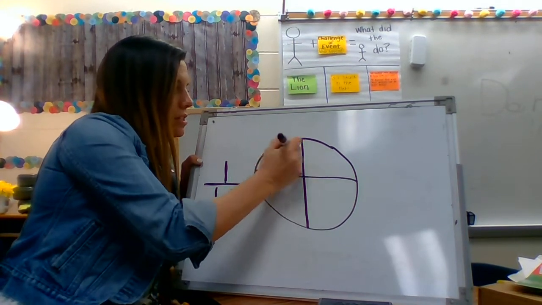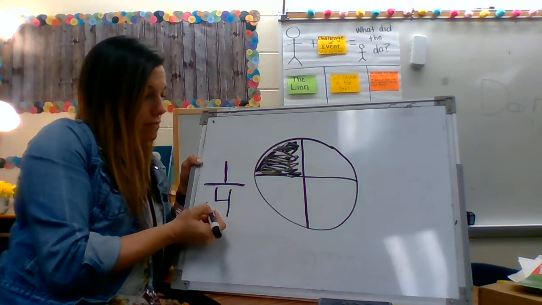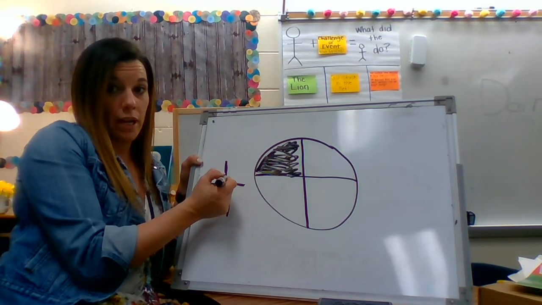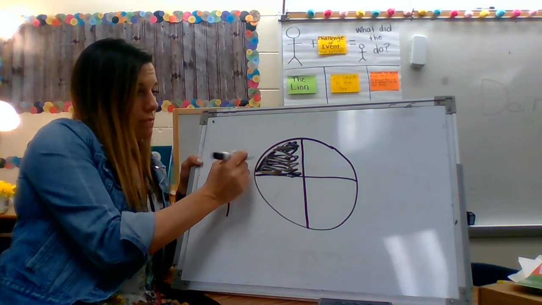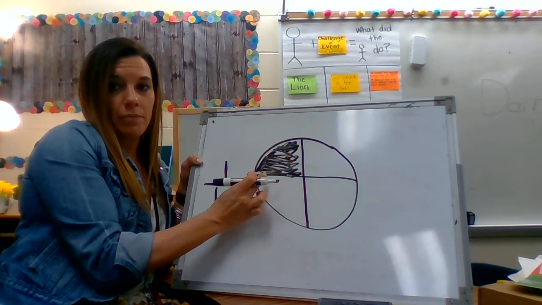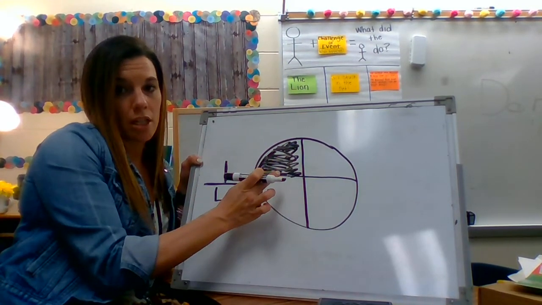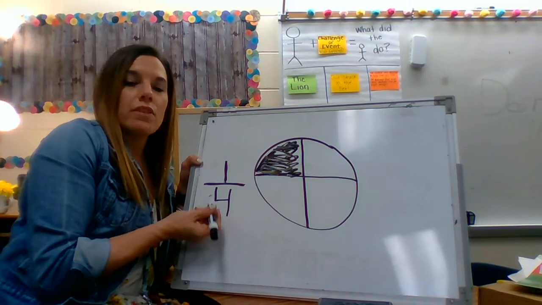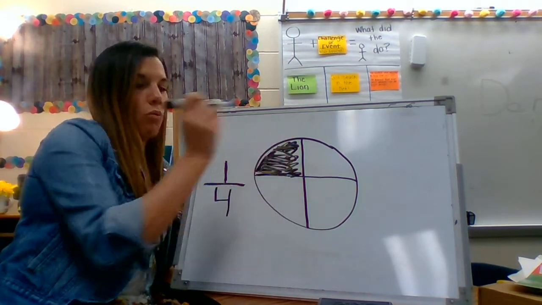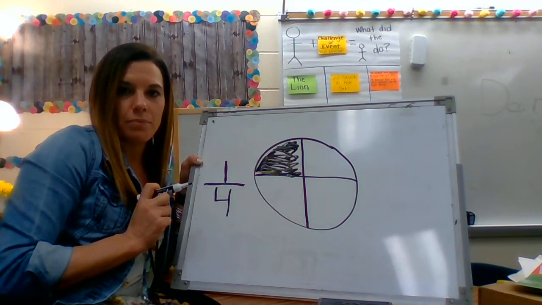Okay? So this fraction, the numerator, equals the part that's shaded in. The denominator tells us how many equal parts there are altogether. So if I look at this fraction as 1/4, I have 1 part shaded in.